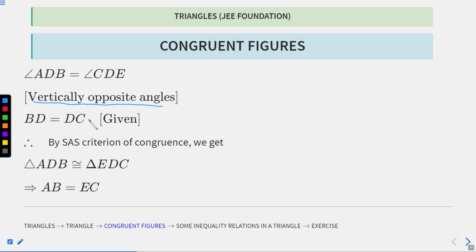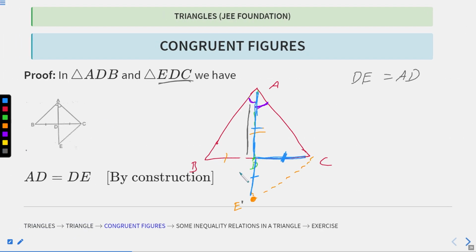If you see the angle ADB and angle CDE, this angle ADB is equal to this angle, because these are my vertically opposite angles. So always keep this point in mind, that vertically opposite angles are always equal to each other. I hope you are getting what I am drawing.